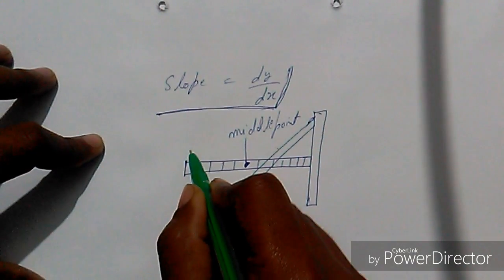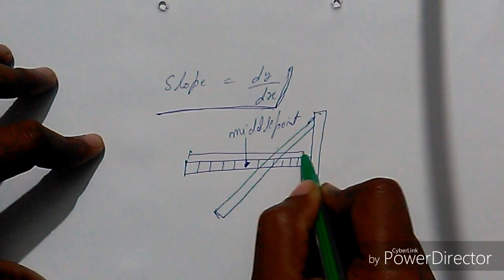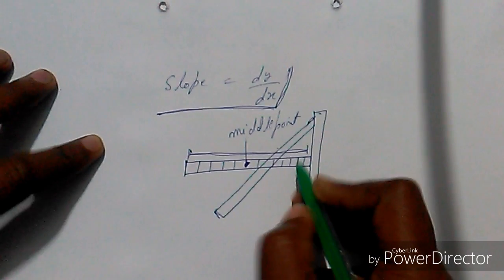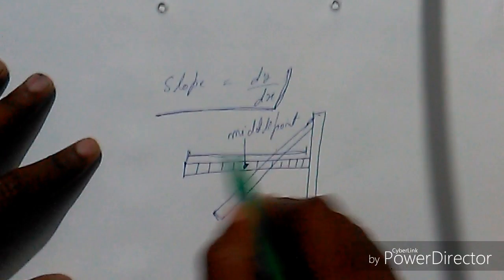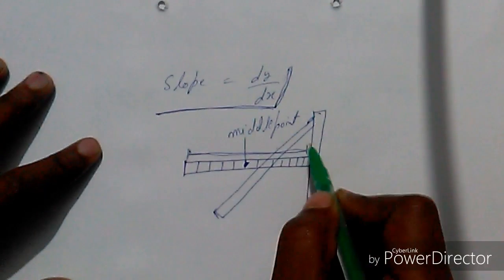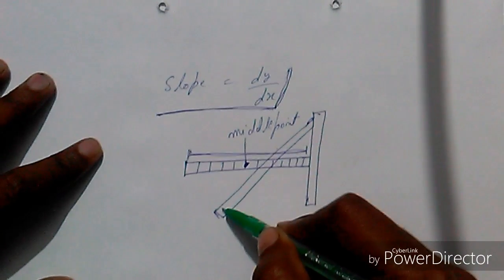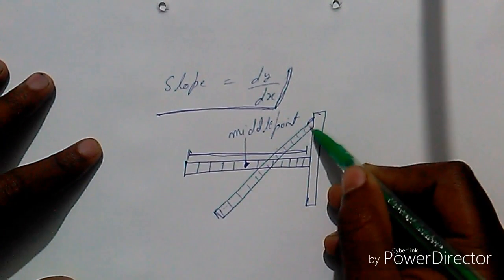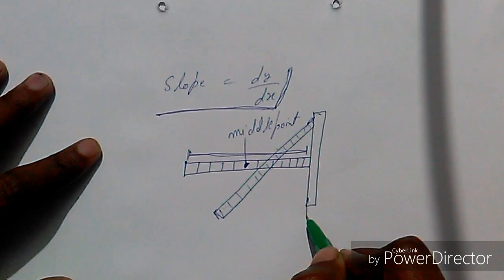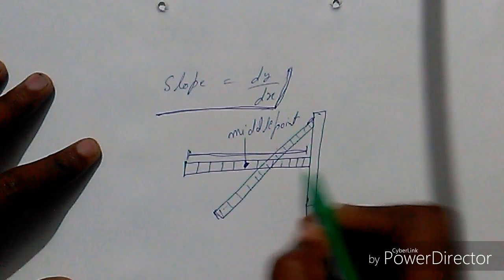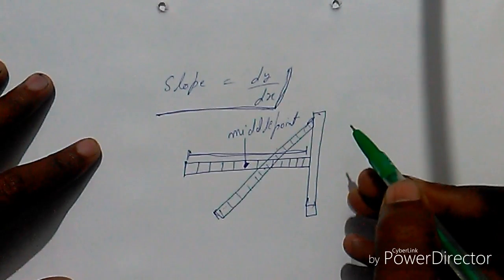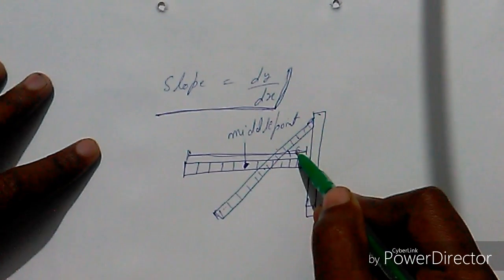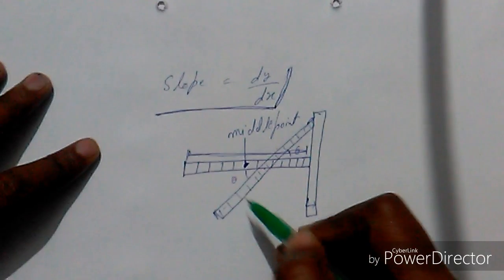Before that it is in a horizontal position, lying on the ground, and its height does not change until we stand it. Then the change that comes in this ladder is theta, the angle.